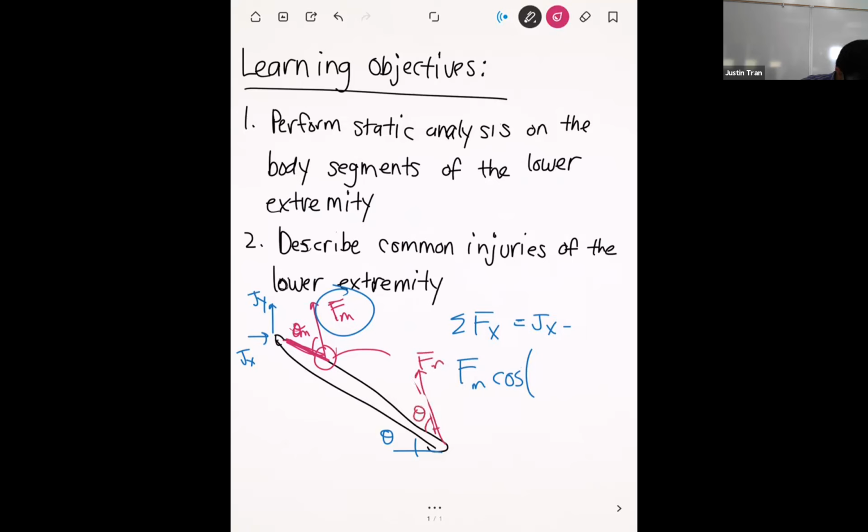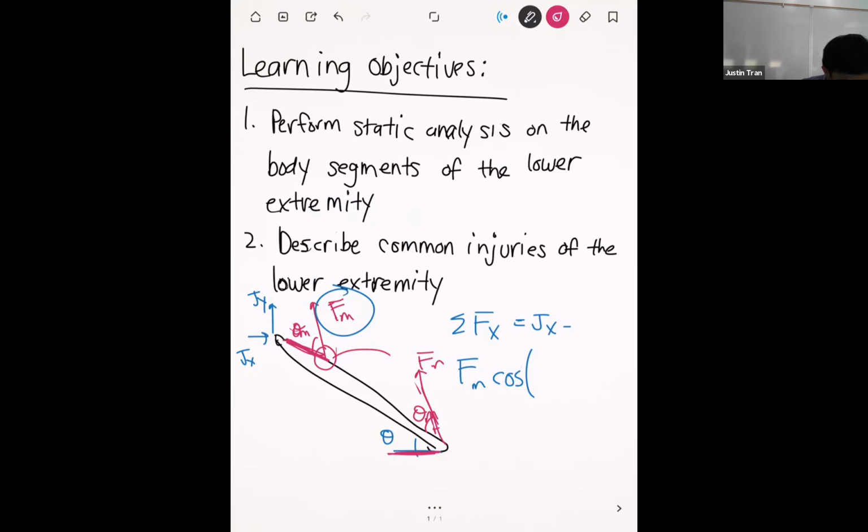And so you have an FM right there, and theta M is just like that. Okay. All right, from here you can see that we have two angles. We have the angle that the arm itself makes with the horizontal, which is theta, and then the angle that the muscle force acts with respect to the arm, which is theta M, right?